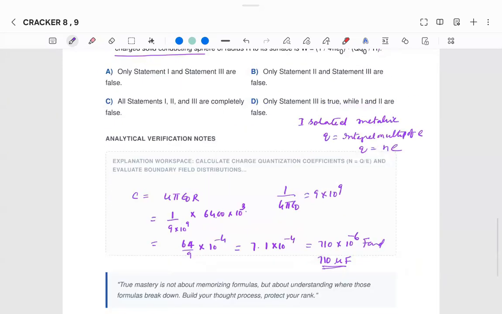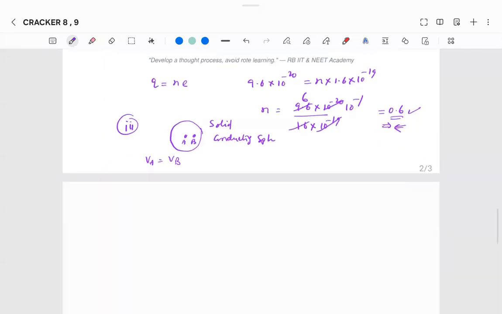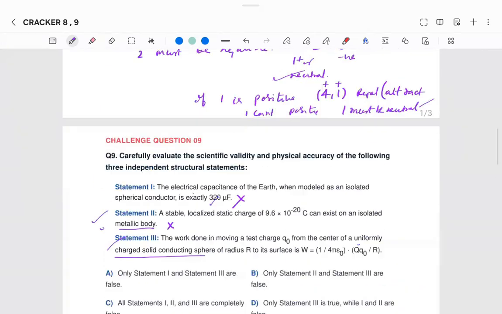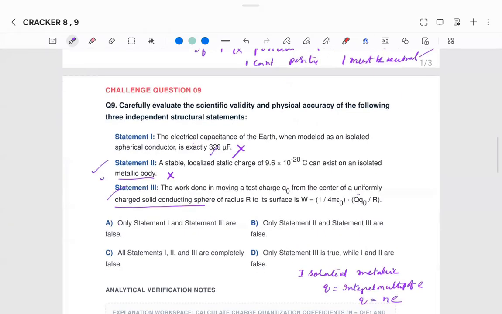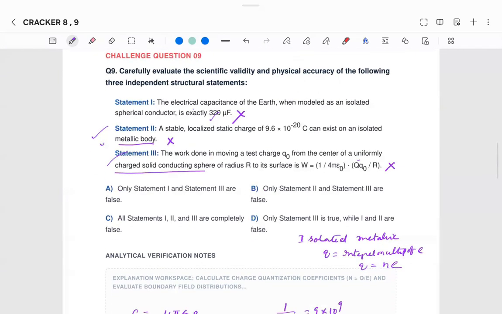So work done will be Q times VA minus VB. Since inside a solid conducting sphere potential is constant, VA equals VB, so work done will be 0. So this statement is wrong. So what I can conclude is all the statements are completely false.